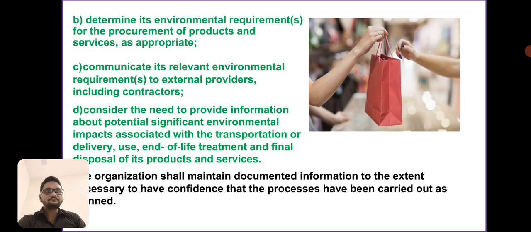Next, determine its environmental requirements for the procurement of products and services, and third, communicate its relevant requirements to external providers, including contractors also. Next, consider the need to provide information about potential significant environmental impacts associated with the transportation or delivery, end of life treatment and final disposal of its products and services. And we need to maintain documented information of the life cycle perspective.